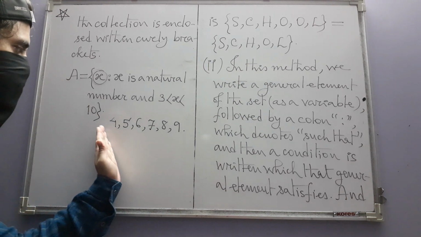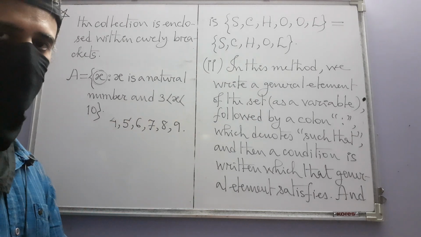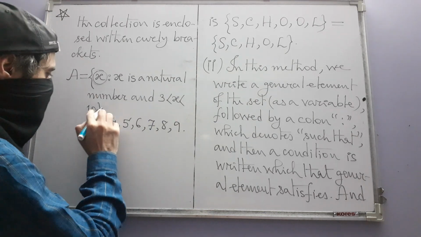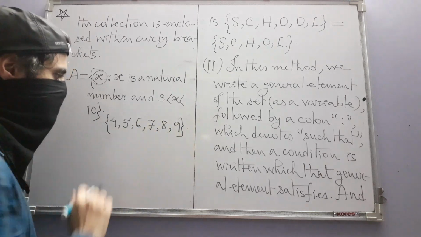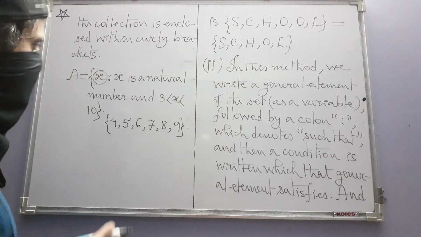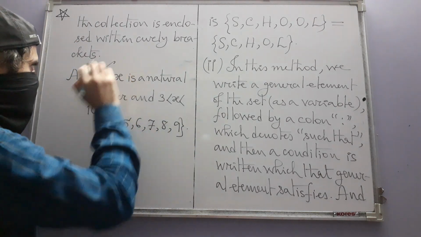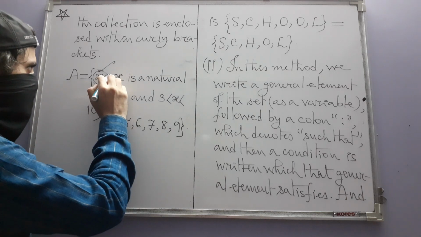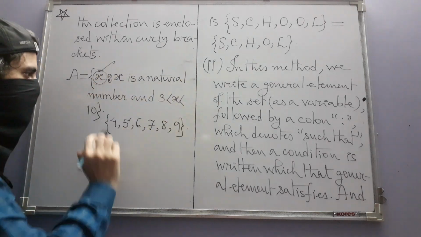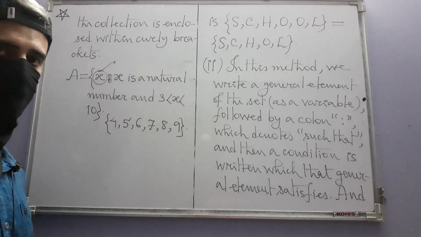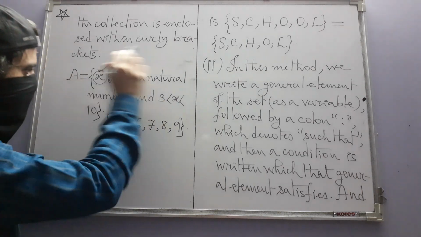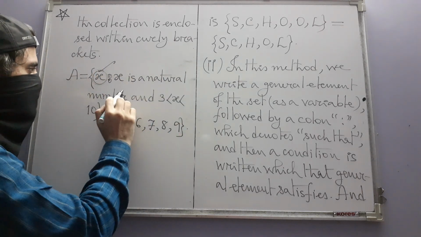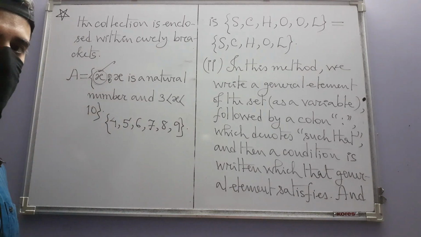So instead of enlisting them, like what we do in roster method, we write a general element such that this is the condition that general element has to satisfy. And the set is the collection of all such elements x for which this is true.